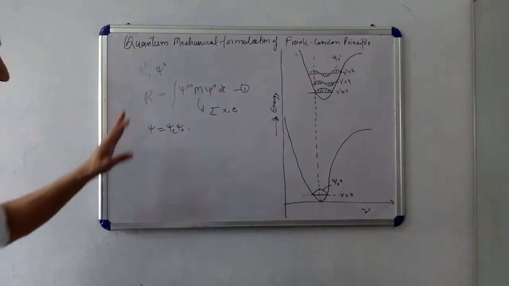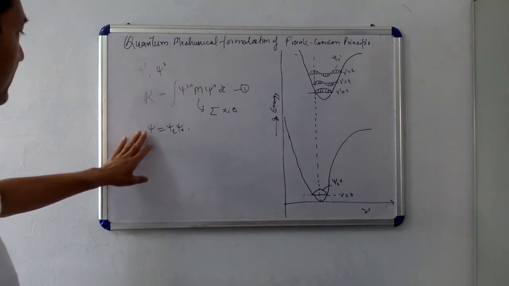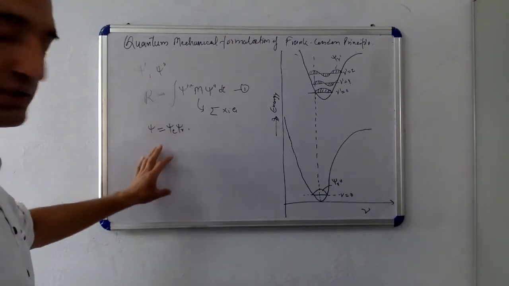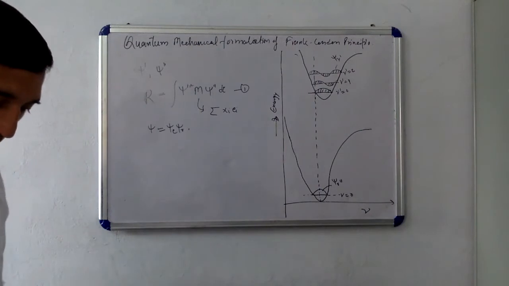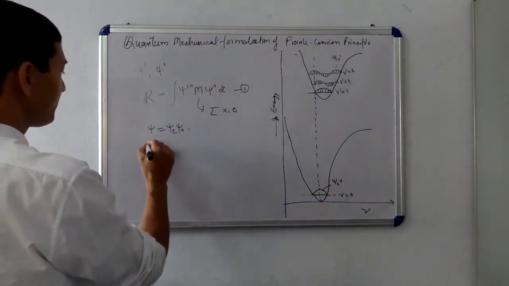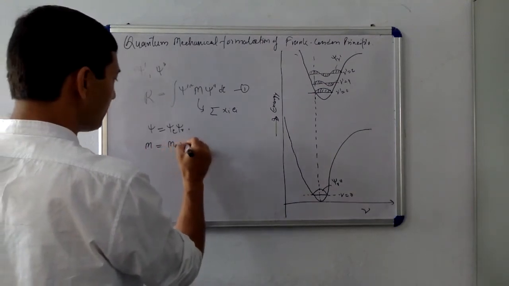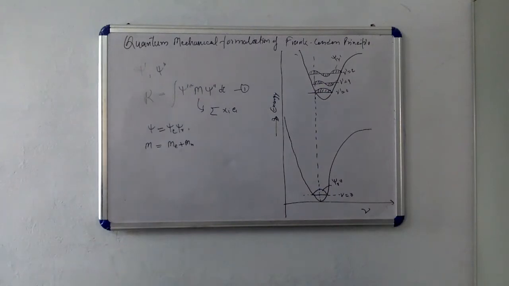So we are ignoring the rotational wave function, and the wave function is divided into two parts, an electronic part and a vibrational part. The dipole moment can be separated into an electronic component M of E plus a nuclear component M of N.